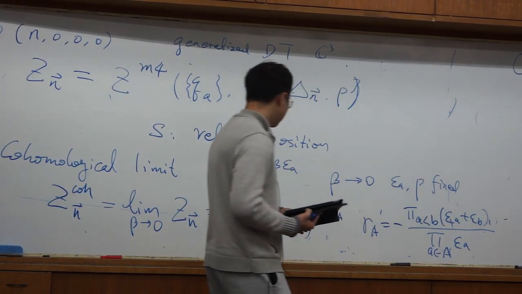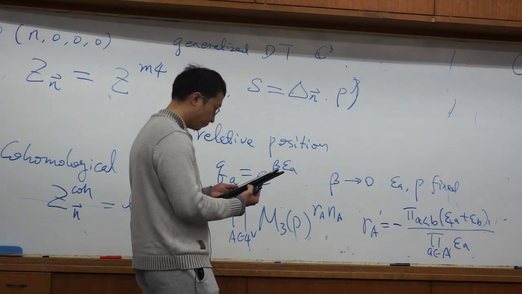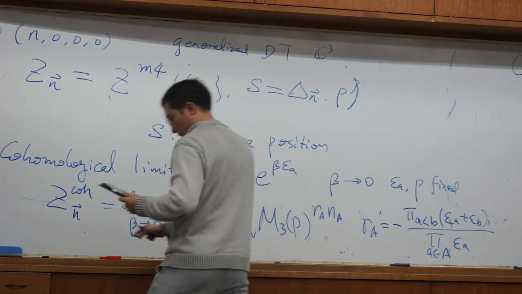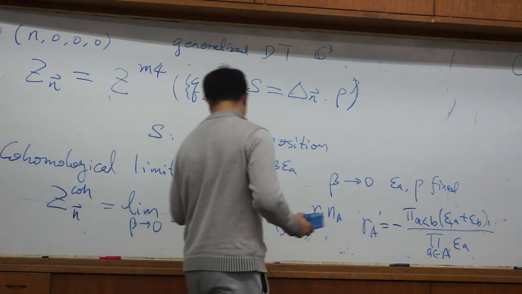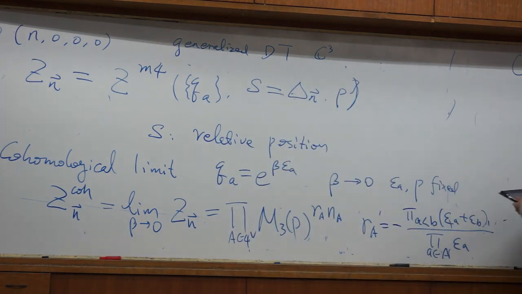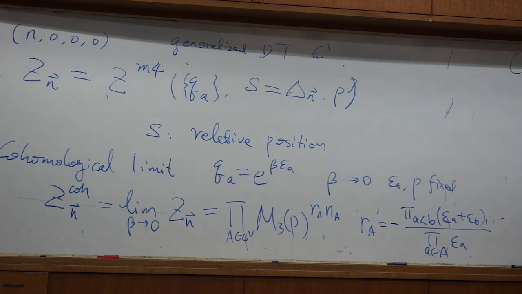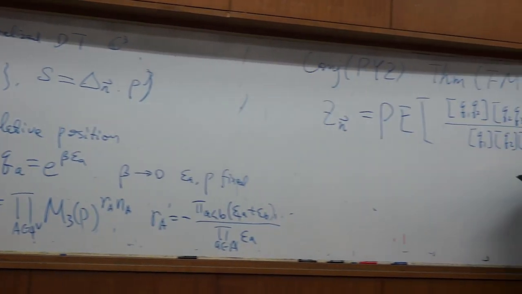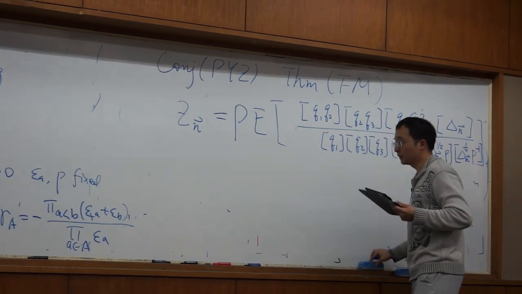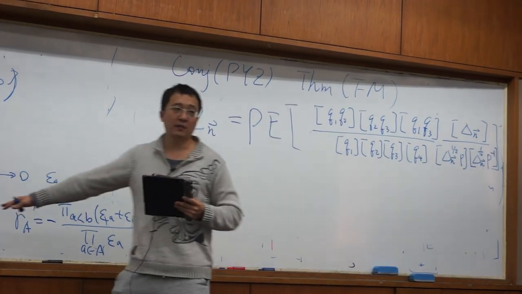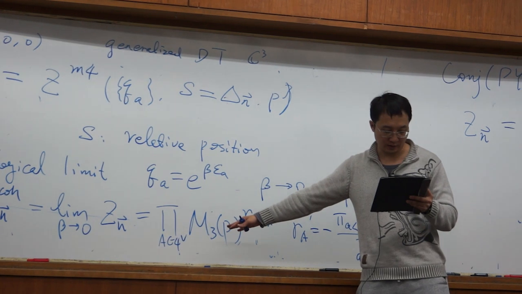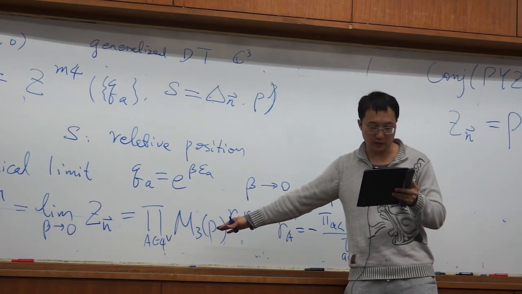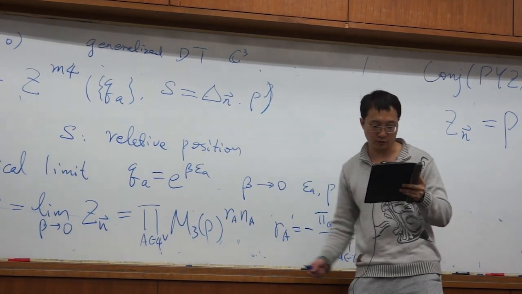Okay. But on the other hand, this magma Hom function already appears when you're computing a topological string partition function on C3.